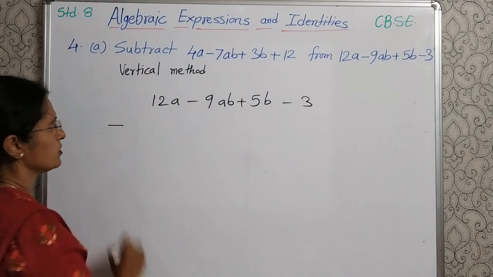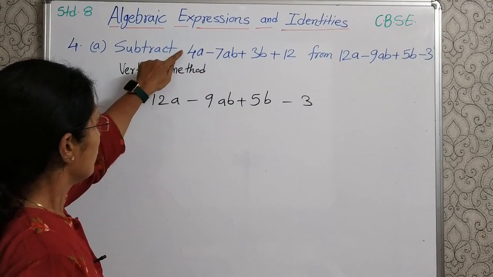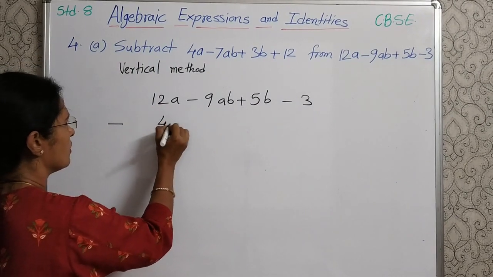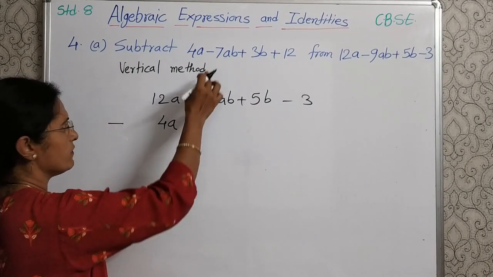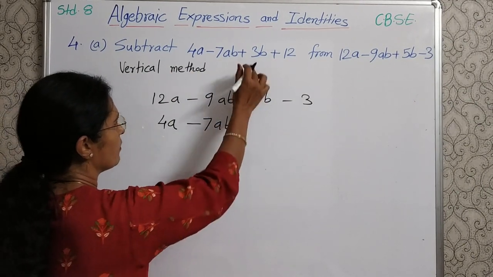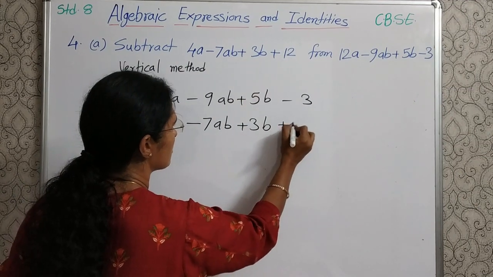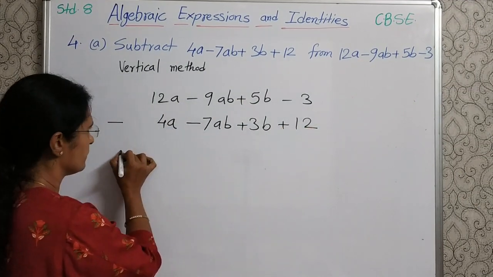From this expression we will subtract this one. So 4a right here below 12a, then minus 7ab plus 3b plus 12.